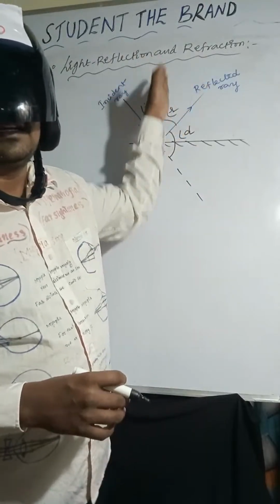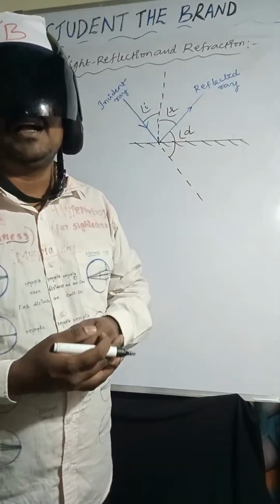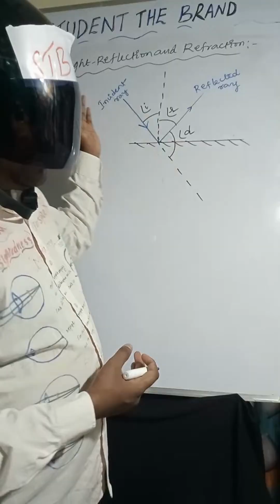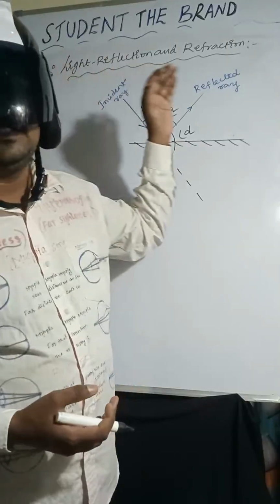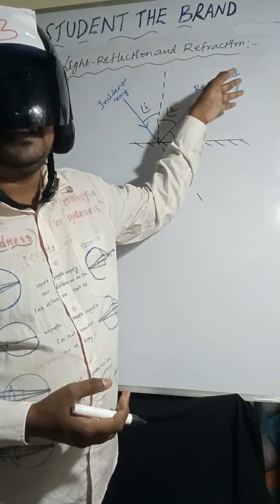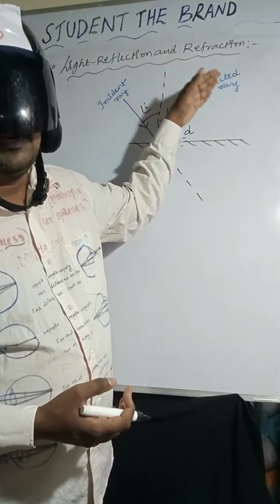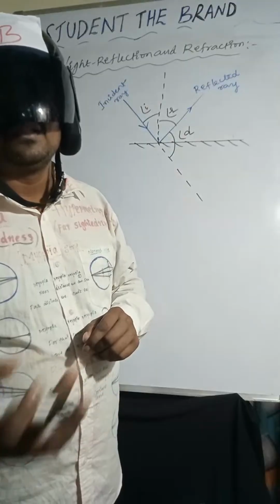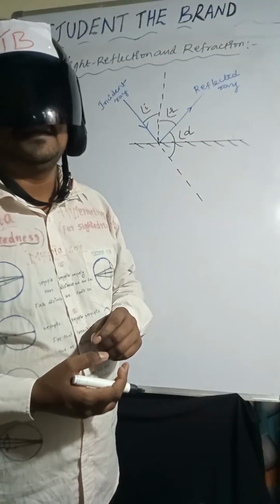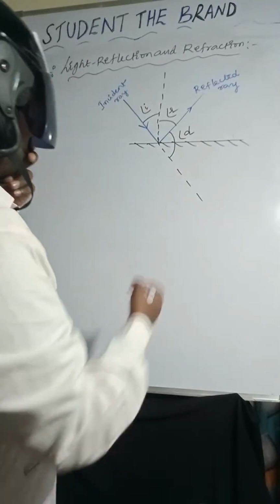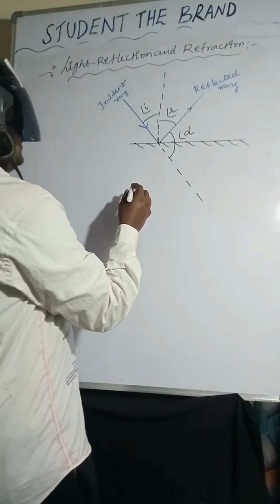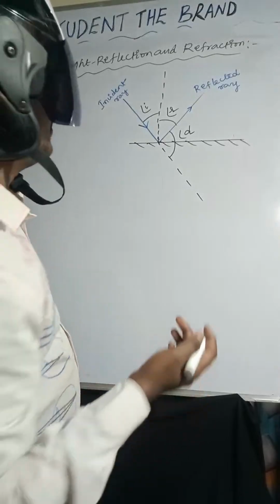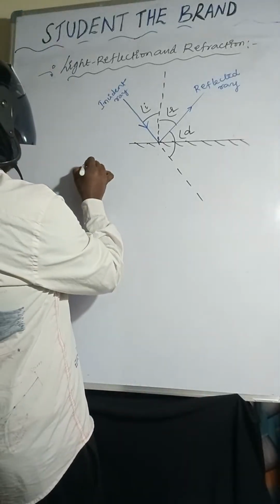The angle between incident ray and normal line is the angle of incidence, between reflected ray and normal line is the angle of reflection, and between reflected ray and undeviated line is the angle of deviation. Now, laws of reflection.